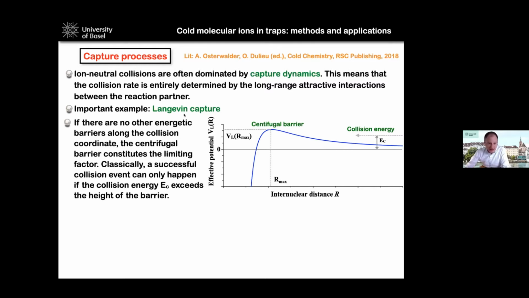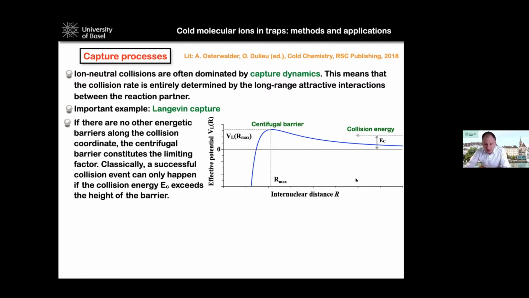So how can one understand these capture processes? This Langevin capture is usually treated within the framework of classical collision and capture theory, and this can be understood rather simply, actually.